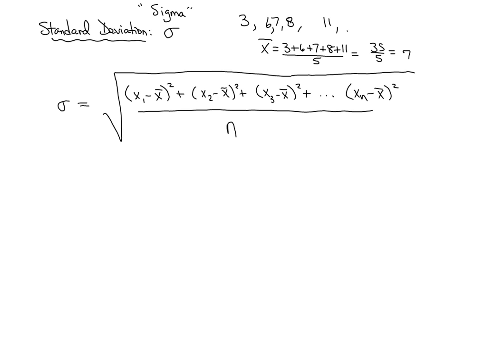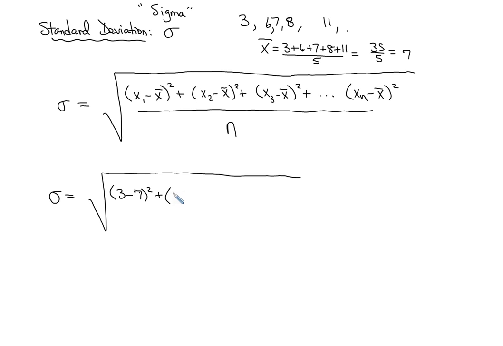Everybody with me? To find our standard deviation, what we do is we take the square root of, what was our first piece of data? 3, and we subtract the average from it, which was 7, squared.